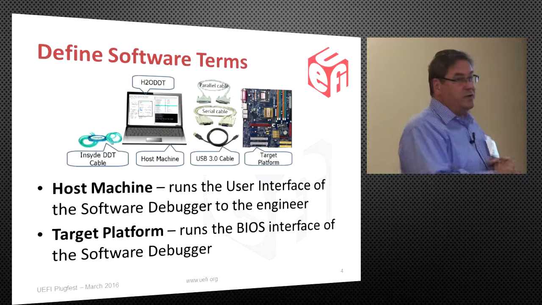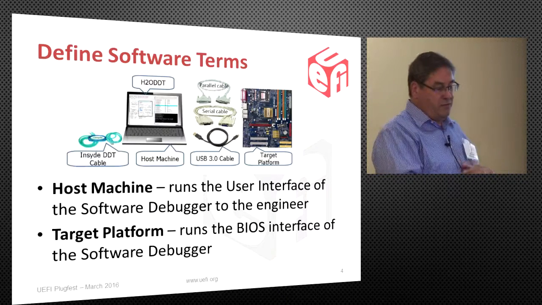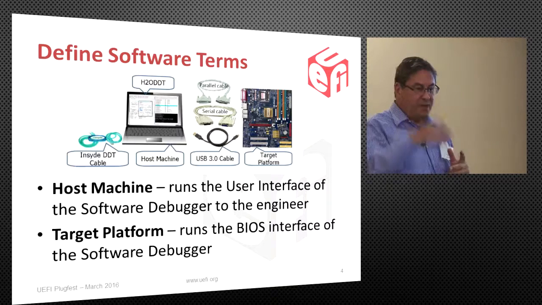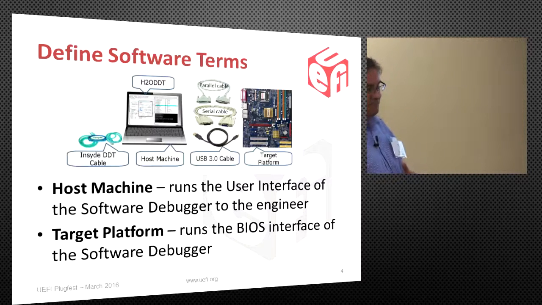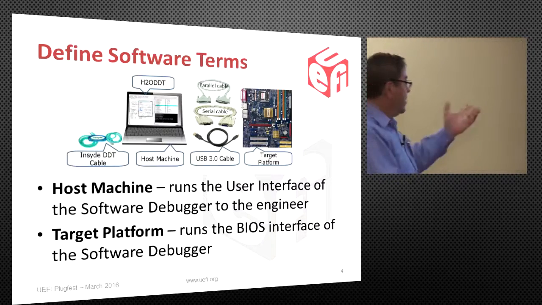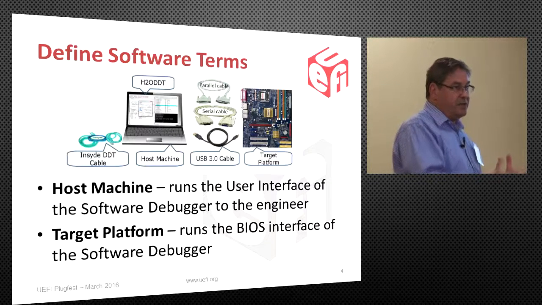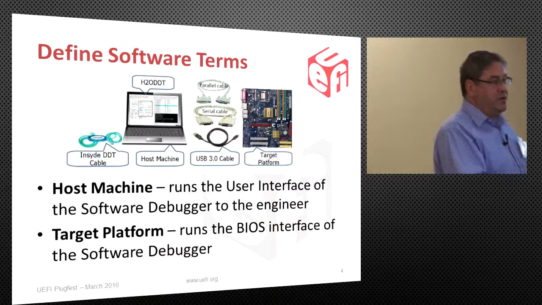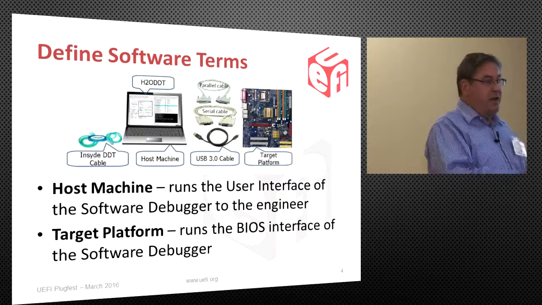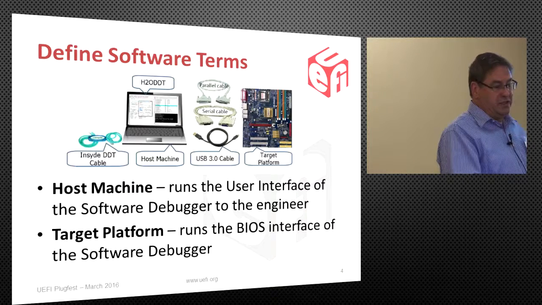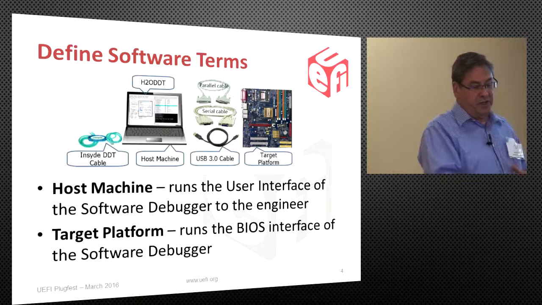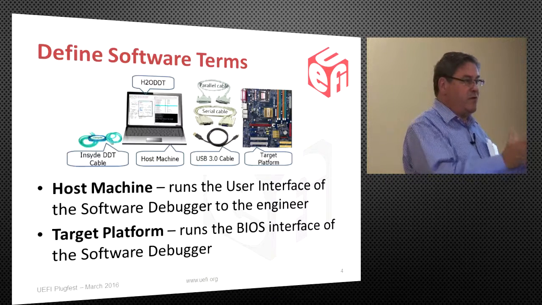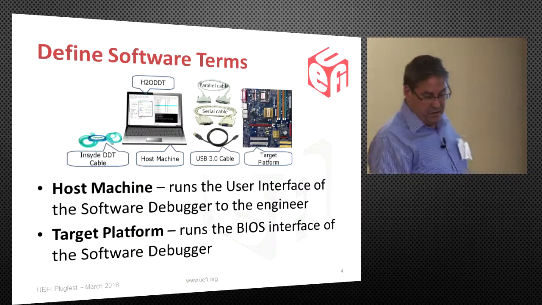These are some of the ones that we support with our software debugger we call H2O DDT. The target platform is running the BIOS in this case, or the UEFI firmware, and is providing the interface to the system. The user interface is running on the host machine, so that's the one that the programmer is sitting there looking at.